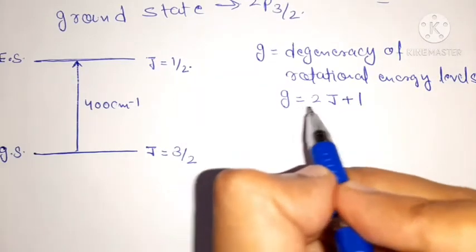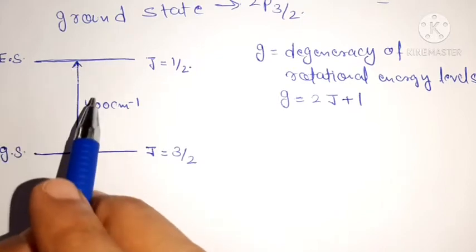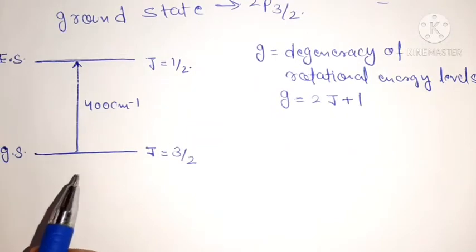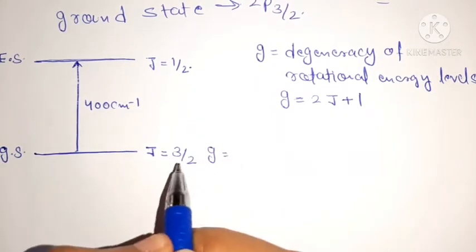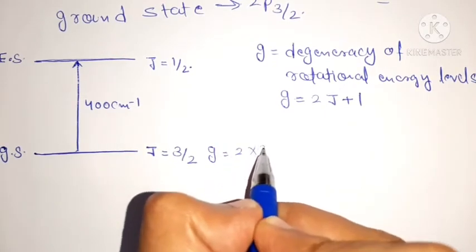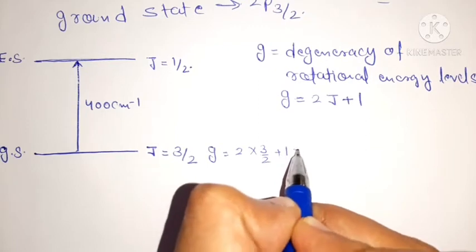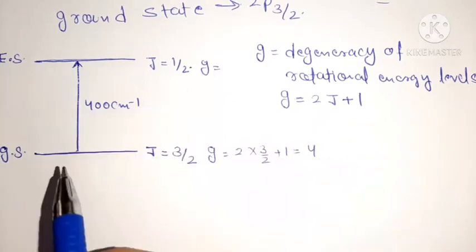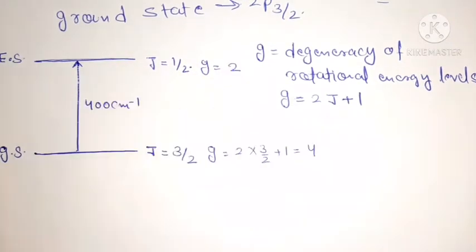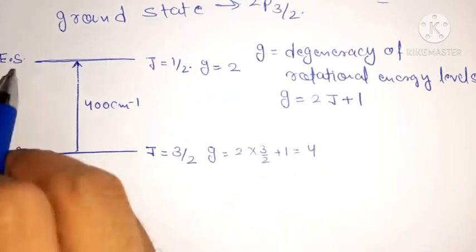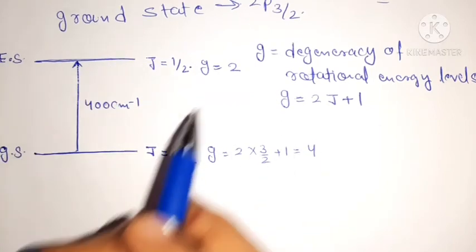So g for the ground state is 2 into 3/2 plus 1, which is equal to 4. And g for the excited state is 2 into 1/2 plus 1, that is 2, because 2 into 1/2 is 1 and 1 plus 1 is 2. So the degeneracy of the ground state is 4 and the degeneracy of the excited state is 2.